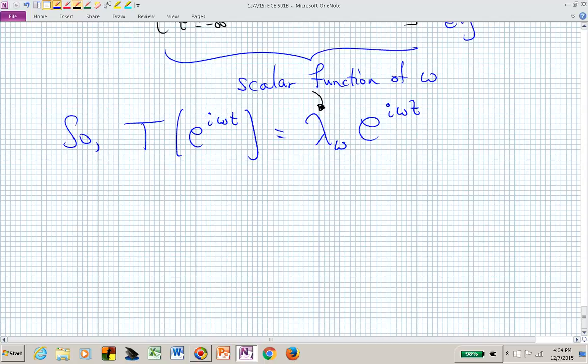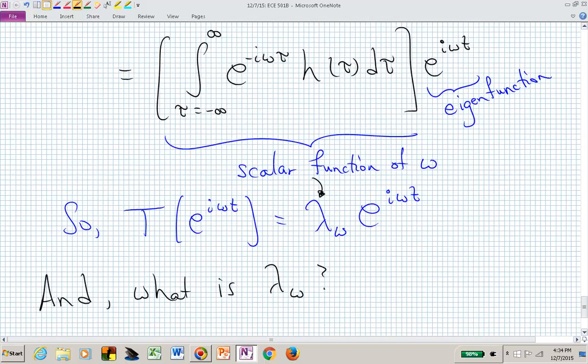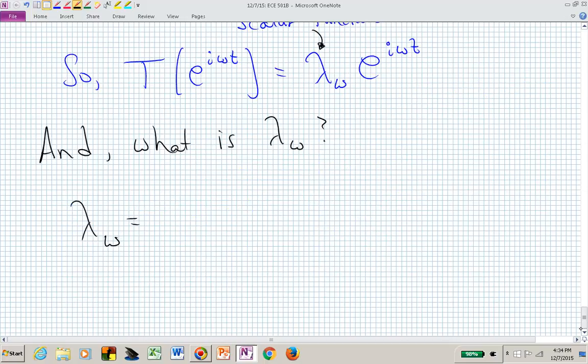And what is this scalar? If we simply show what it's equal to in that bracketed expression right above, that starts to look familiar to us maybe. You've maybe seen this before.